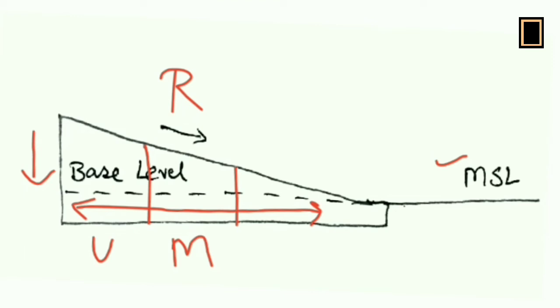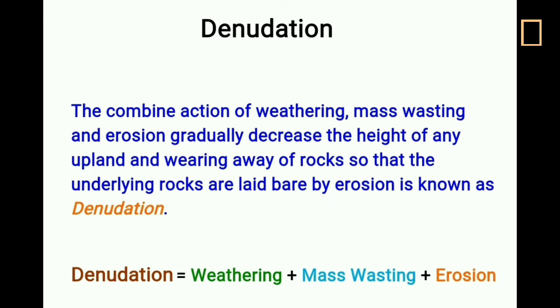Denudation: the combined action of weathering, mass wasting and erosion gradually decreases the height of any upland and wears away rocks so that the underlying rocks are laid bare, and this is known as denudation. It is a slow but continuous process.